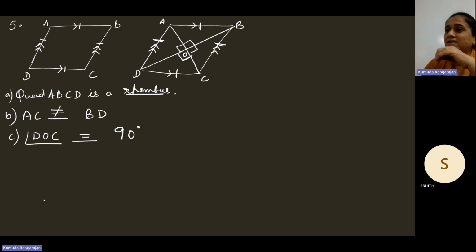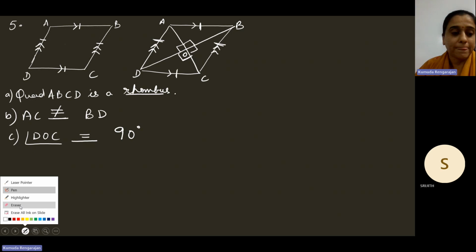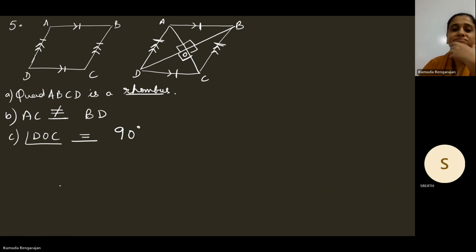So whichever angle they ask, all the four angles are 90. Diagonals are unequal, but they are perpendicular to each other.